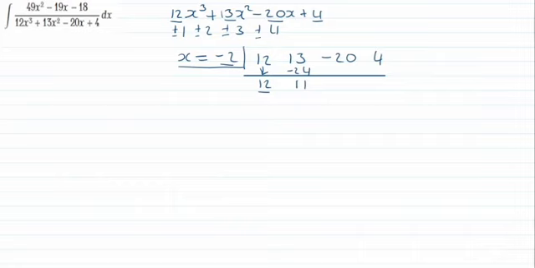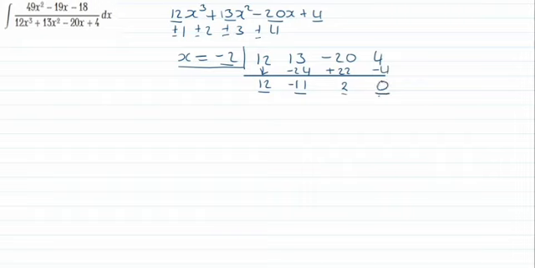Then we're going to multiply negative 2 times negative 11. When you multiply here, you're going to get positive 22. Then adding this up, we're going to get a positive 2. Then negative 2 multiplied by this 2, we're getting negative 4. When you add these two, we're getting a 0.